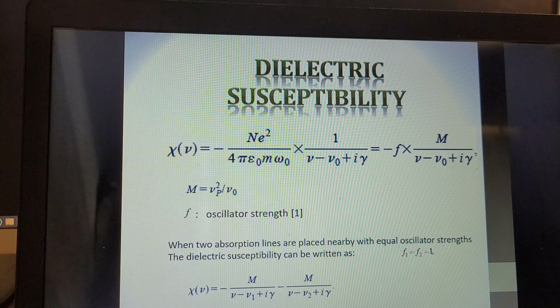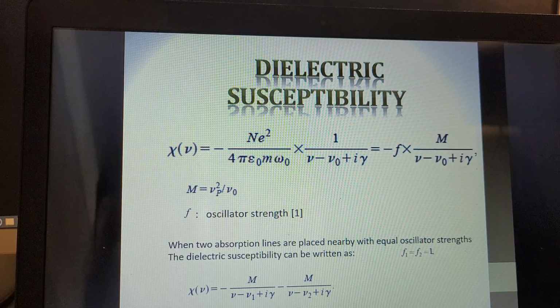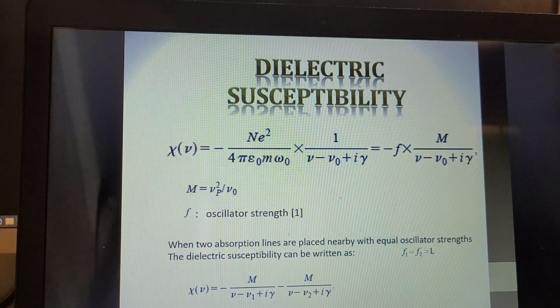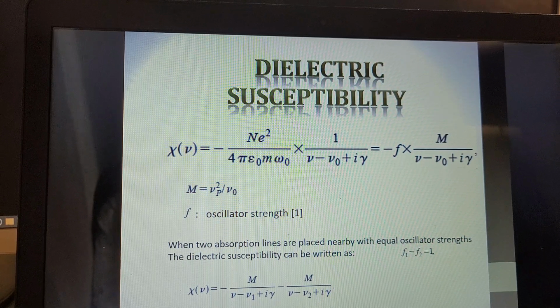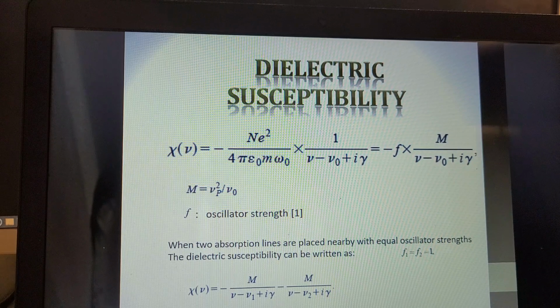So chi nu can be written in this form, and we can define M like this, and f is the oscillator strength. When two absorption lines are placed nearby with equal oscillator strengths, the dielectric susceptibility can be written as follows. We model the motion of the electrons like this, and we can solve this equation. Then we have this nice formula for the susceptibility, which depends on the frequency of the light.